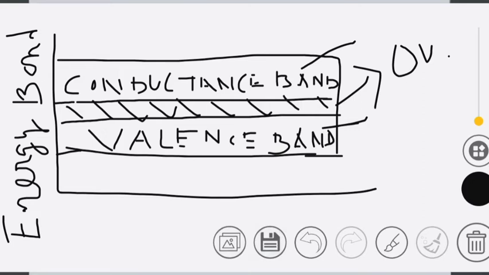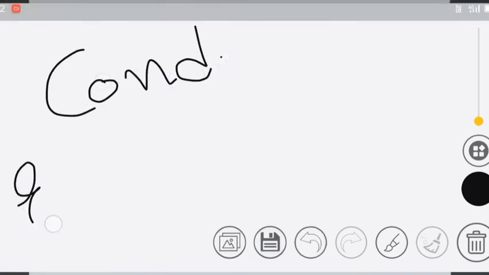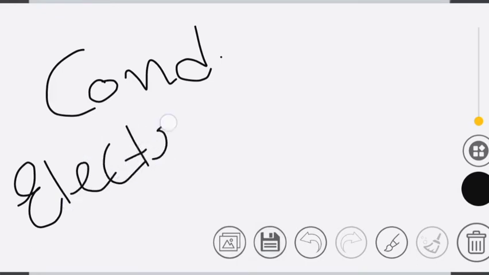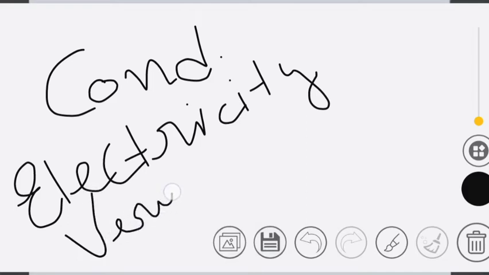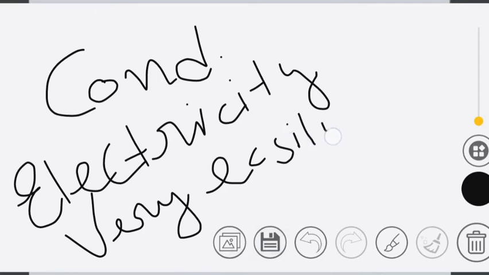Because of that, conductors transfer electricity very easily, because the valence band and conduction band overlap in a particular area. Conductors pass electricity very easily.